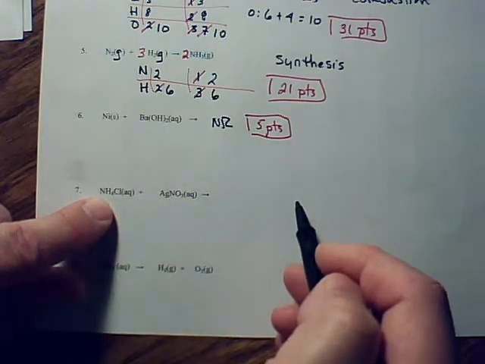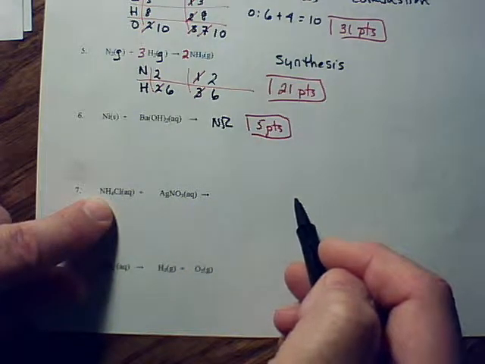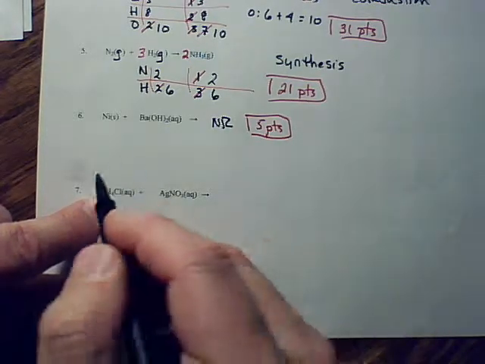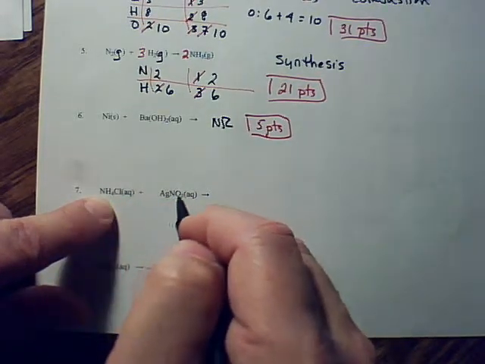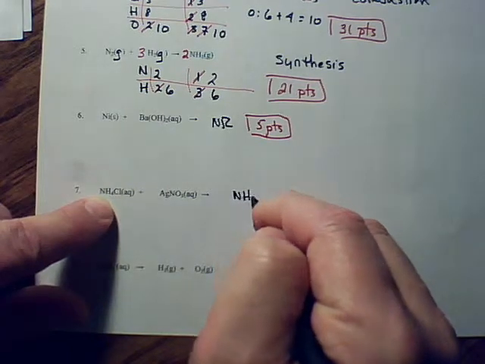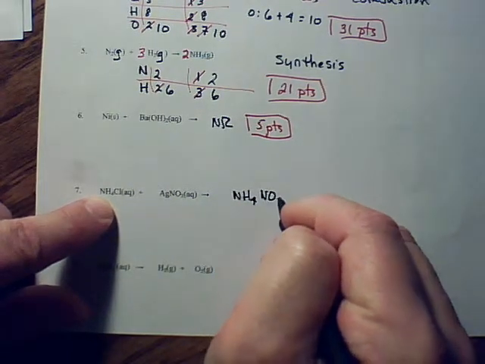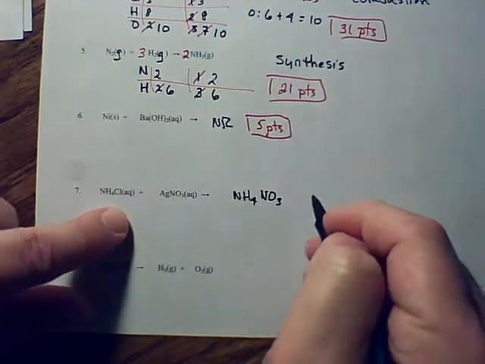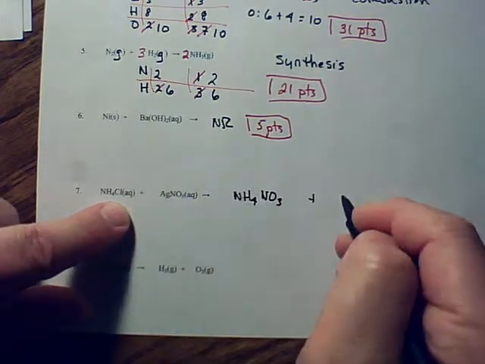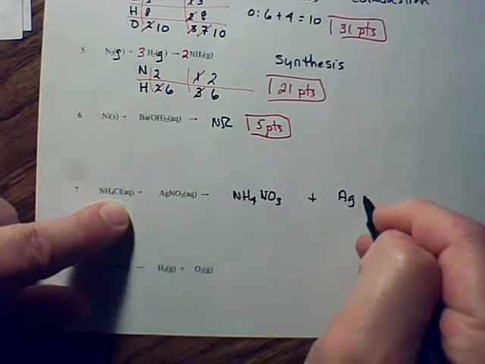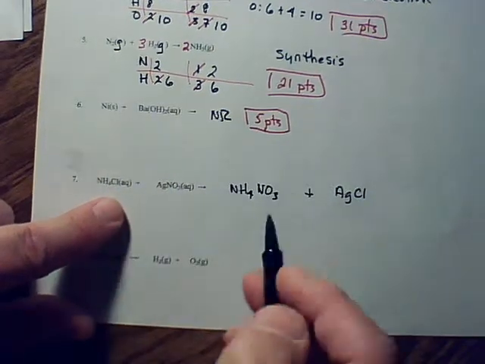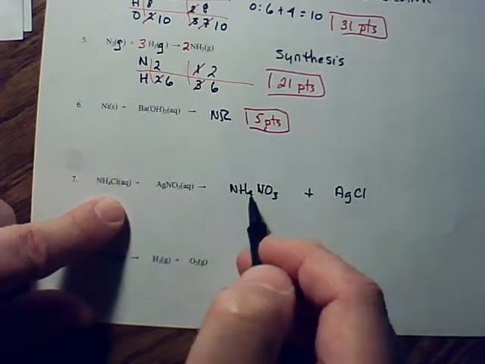And we have to predict what the product's going to be to find out if we have a driving force for a double replacement reaction. So let's put them together, NH4 plus the NO3. And then we're going to put the front part of this with the back of this, Ag and Cl. And we need to know what physical states these are going to be.